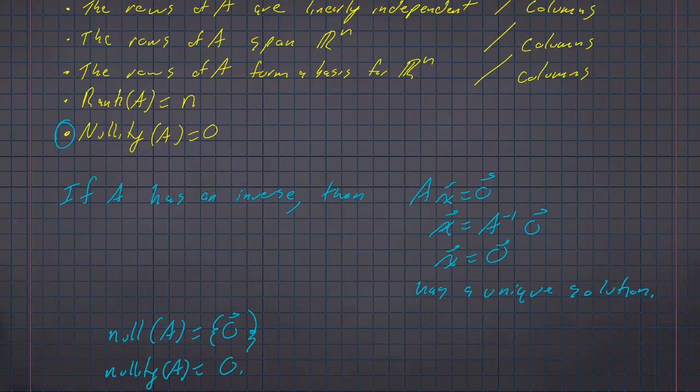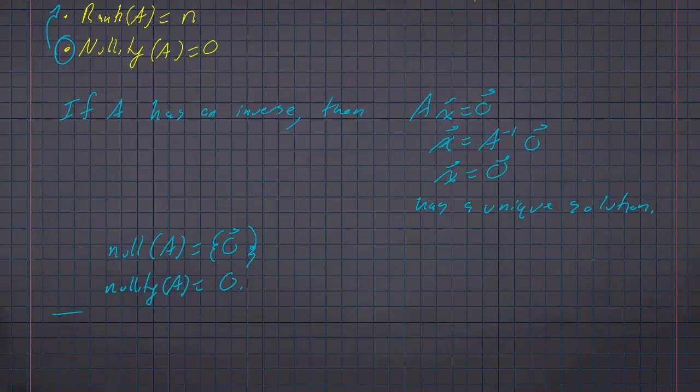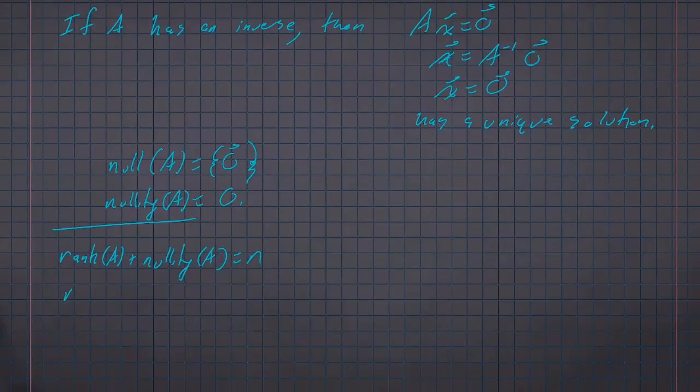The set containing just the 0 vector is the 0-dimensional vector space. And then from here, because the nullity is 0, since rank of A plus nullity of A is n, that gives us that the rank of A is n.